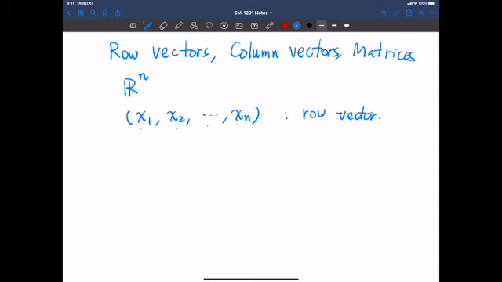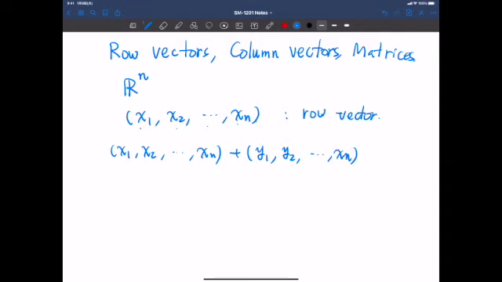And we can define some operations among vectors. First of all, we define addition. Okay, addition between two row vectors. So let's see, if we have x1, x2, and xn, then we have another vector, y1, y2, and yn.